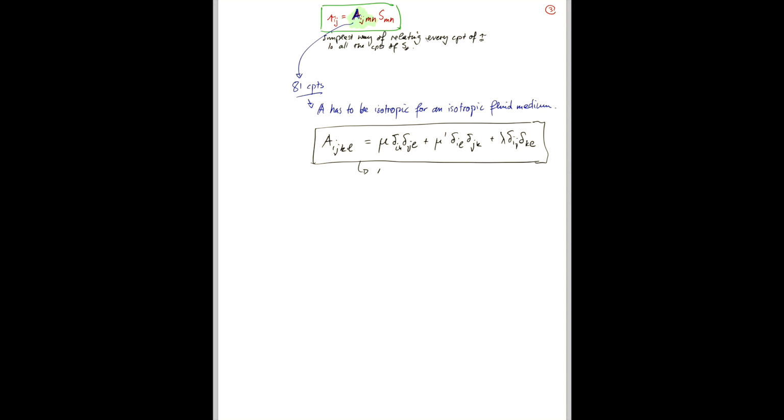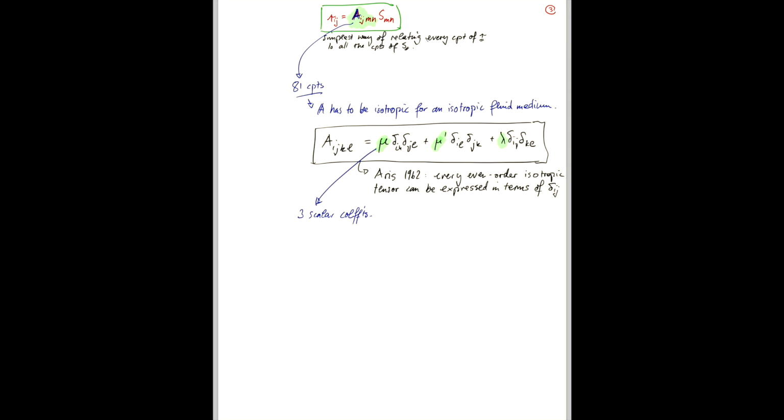And this goes back to Aris 1962. And the 3 coefficients here, mu, mu dash, and lambda, are 3 scalar coefficients that are thermodynamic properties of the fluid. In particular, as we will see, they represent the viscosity.